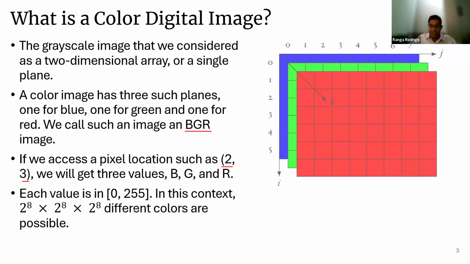Each of these values can be from 0 to 255 because each one of them is an 8-bit number. So in this context, 2 to the power of 8 times 2 to the power of 8 times 2 to the power of 8 different colors can be represented in an image. Okay, so this is a color image.